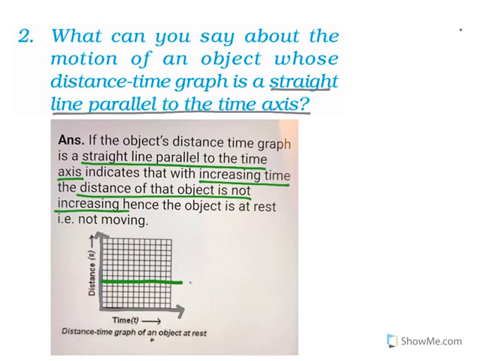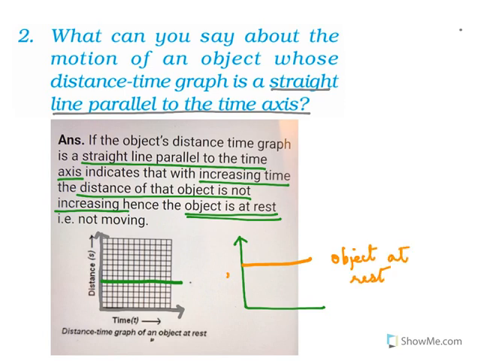The time increases, but the distance does not increase. That's why it is the same value. Hence, the object is at rest. So when you have a distance time graph which is a straight line, this is a body at rest. Remember, this is a distance time graph.